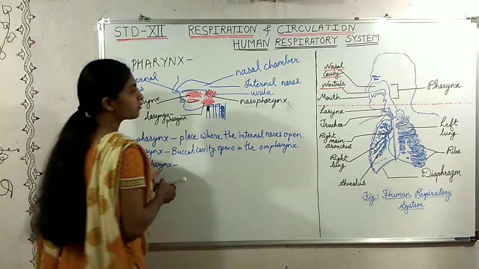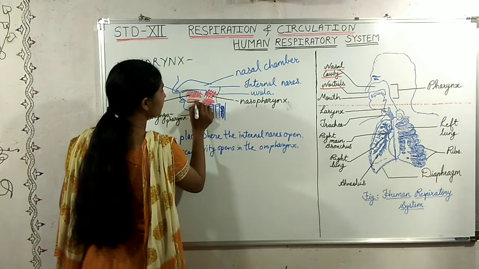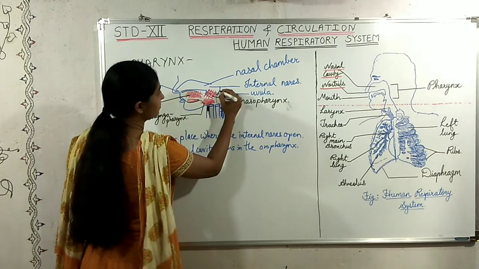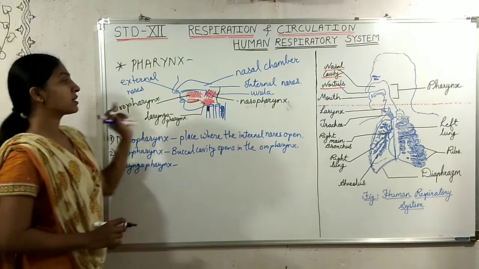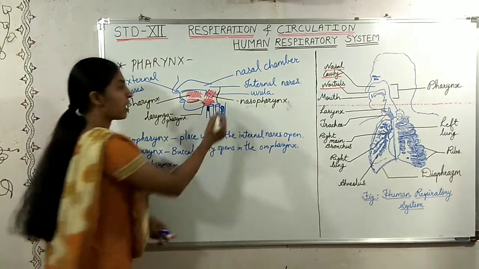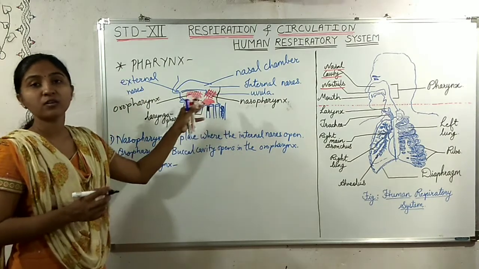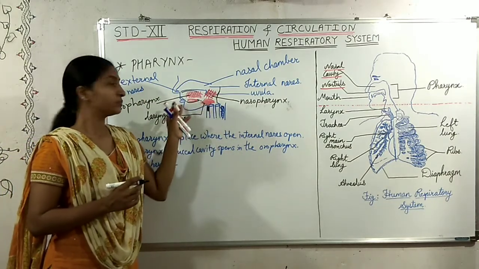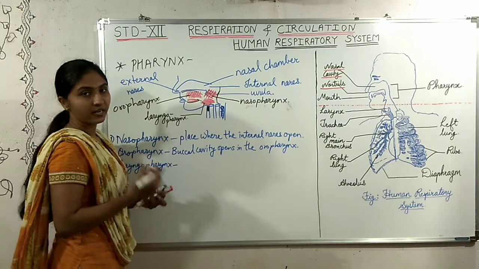This pharynx makes a funnel-like structure. Now, the oropharynx and the nasopharynx are the area where the food and the air cross while entering inside the body.